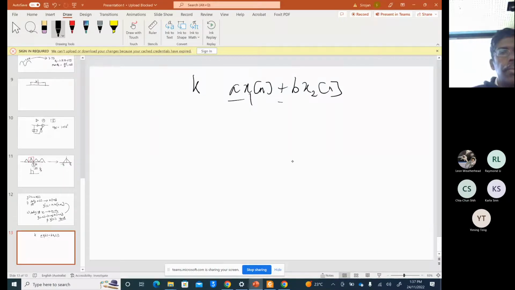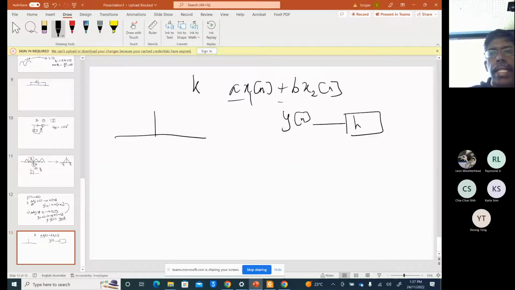For a system h[n] with input x[n], the output is y[n]. So y[n] is equal to the convolution of x[n] with h[n].